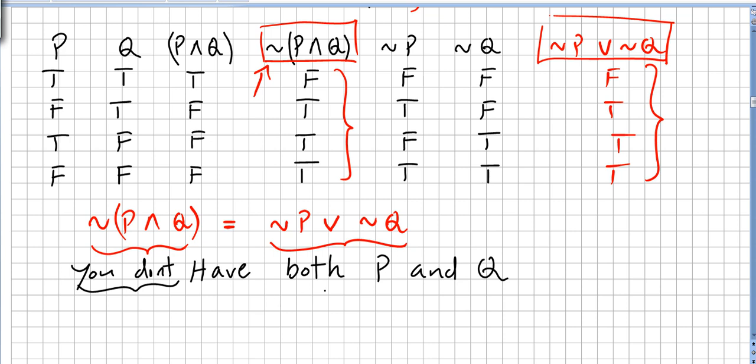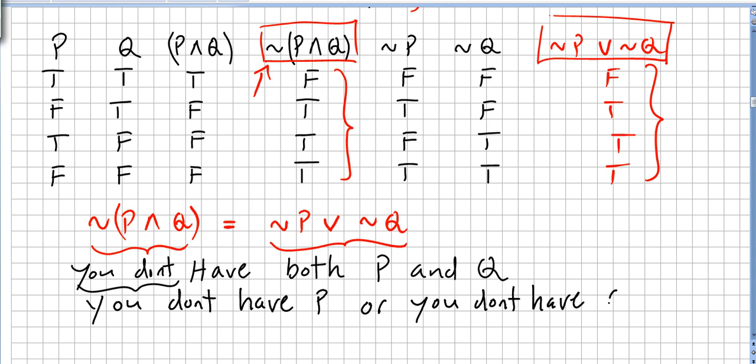so you replaced this by this, not P or not Q. So we can say this: you don't have P, or you don't have Q. Okay, as you can see, even in the way you talk in your day-to-day life, logic will be there.